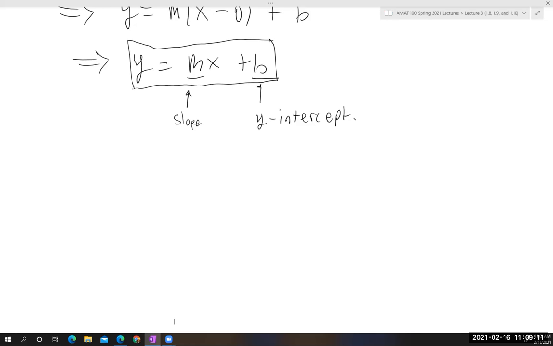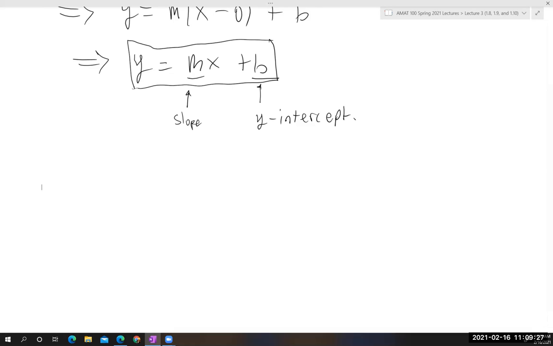There are some examples, but they're pretty easy. I won't go over them unless you want me to. You can have a look at them yourself, and if you find them confusing, we can go over them.